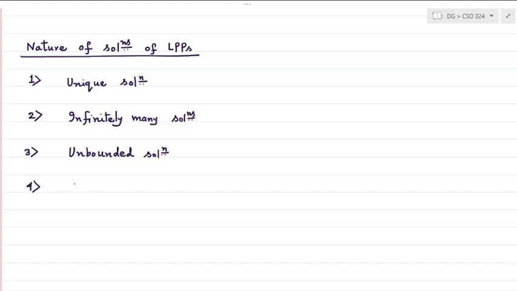Then there may be infeasibility, so no solution exists. So it is also called infeasibility of the constraint set, or this is also under the umbrella of no solution of the constraint set.